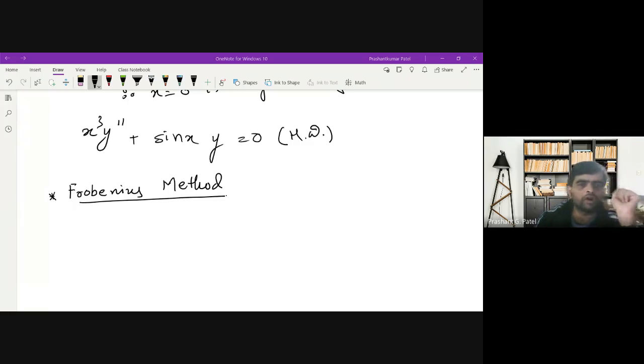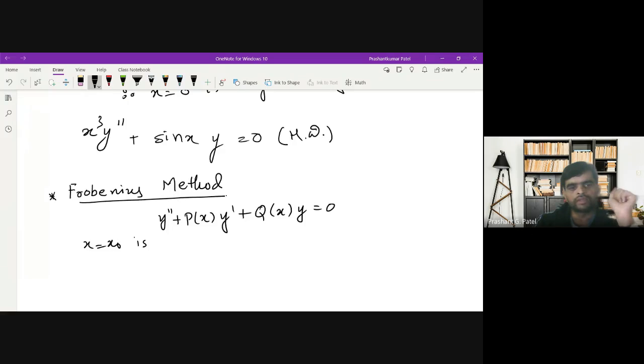The second order linear differential equation is of this type, and we are assuming x equal to x0 equal to 0 is the regular singular point for this differential equation.